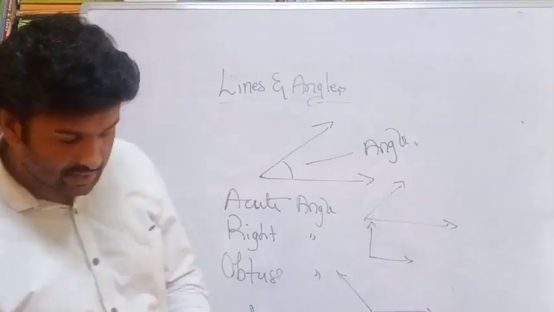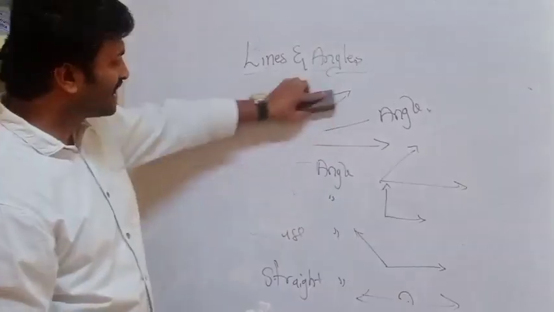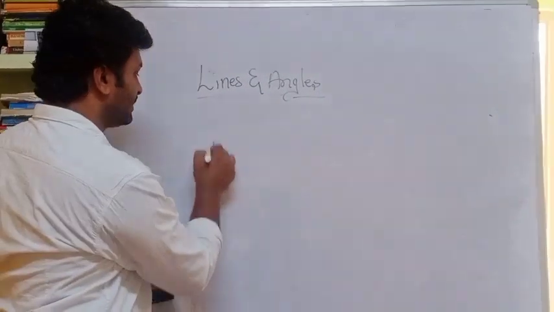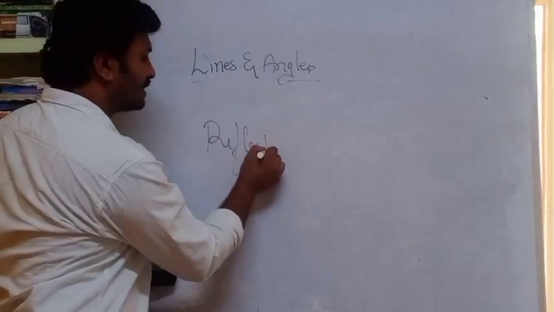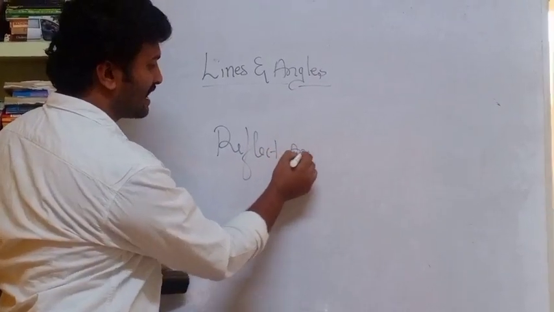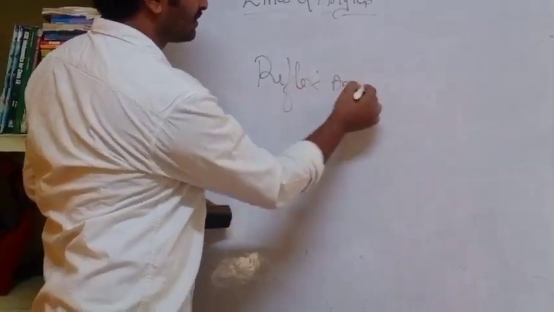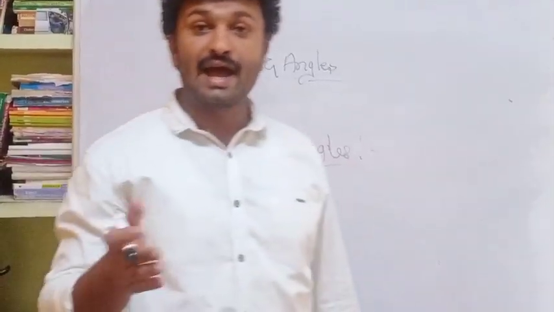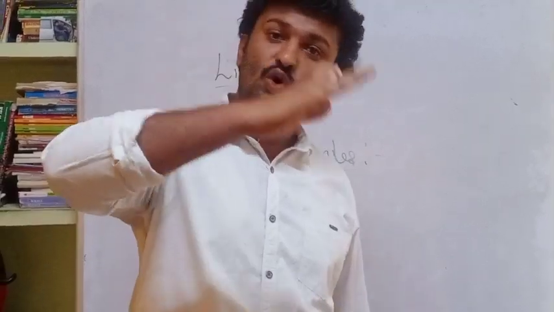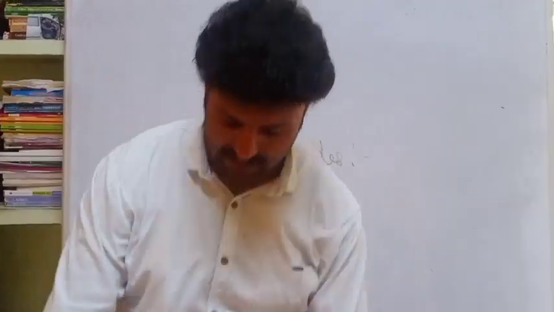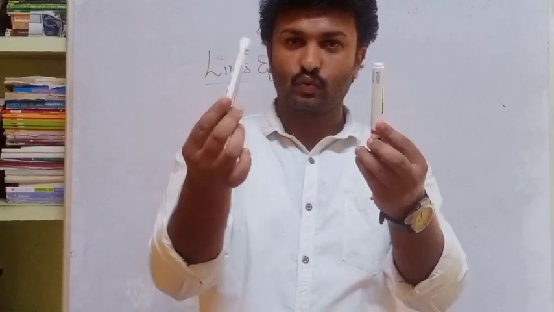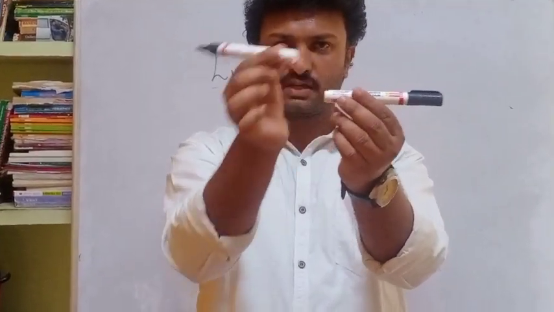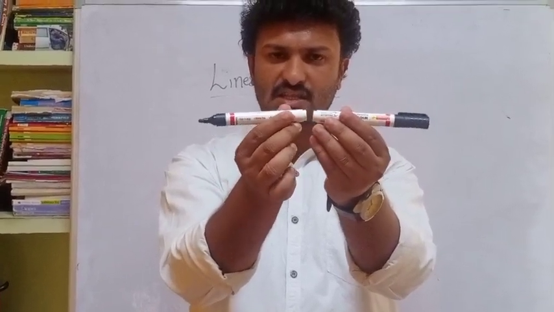And next come reflex angles. What are reflex angles? The angles which measure more than 180. See here, this is 180. Angles which measure 180 are called straight angles.